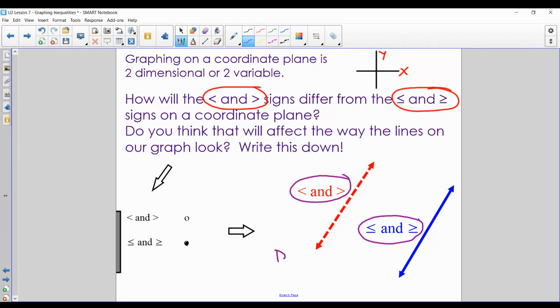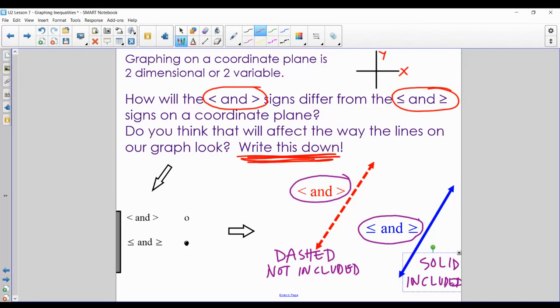Okay, so again, dashed, points on the line not included. Solid, points on the line are included. You want to make sure that you have written that down.